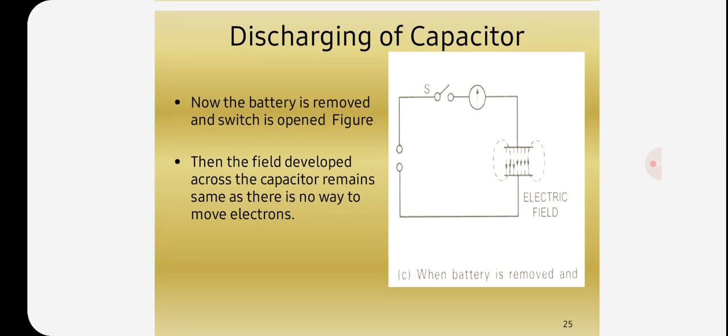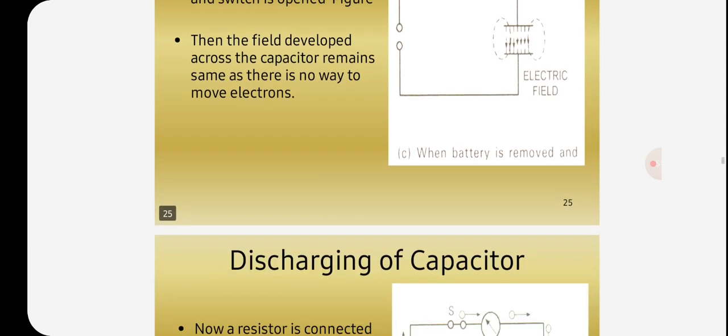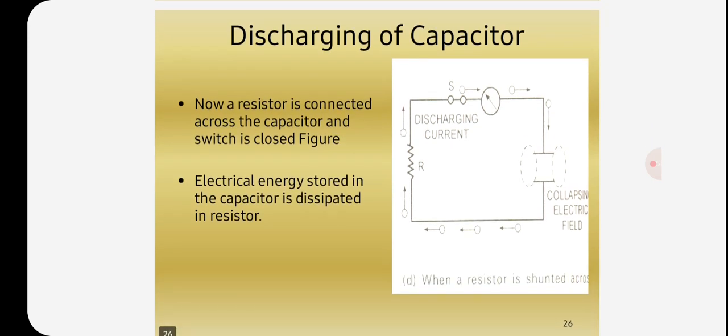So, discharging of a capacitor. Now, the battery is removed and the switch is open. Then the field developed across the capacitor remains the same as there is no way to move electrons. Now a resistor is connected across the capacitor and the switch is closed.